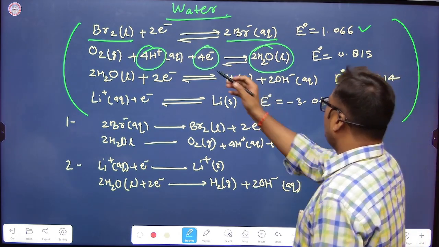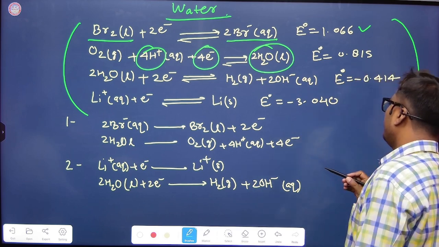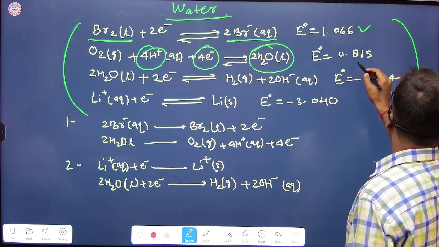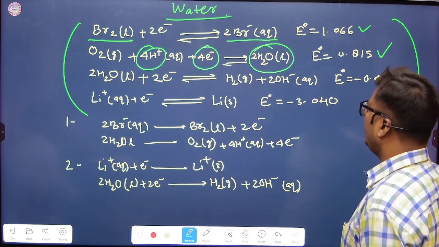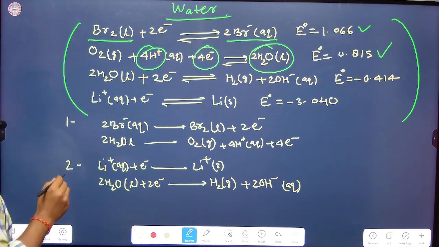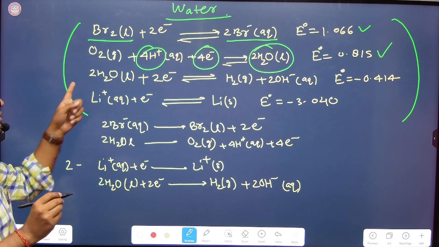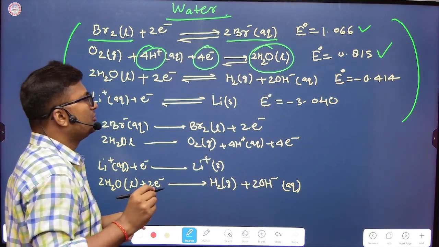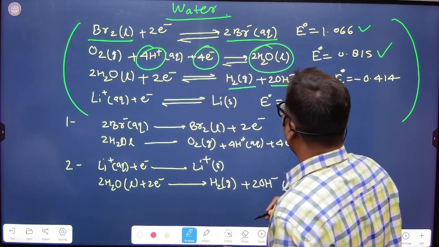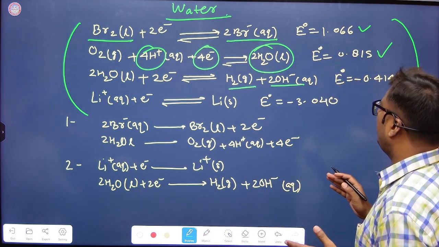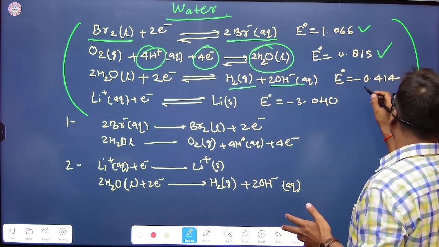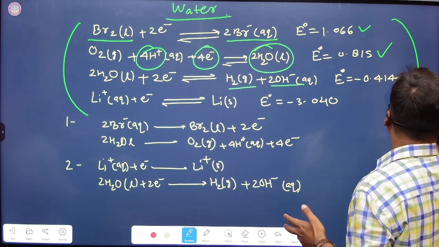Such a reaction has an electrode potential E0 of 0.815 volt, right? Now another possibility is that water just receives 2 electrons, so it is converted into hydrogen gas and hydroxide ion, and the electrode potential of such a half-cell reaction is E0 equal to minus 0.414 volt.